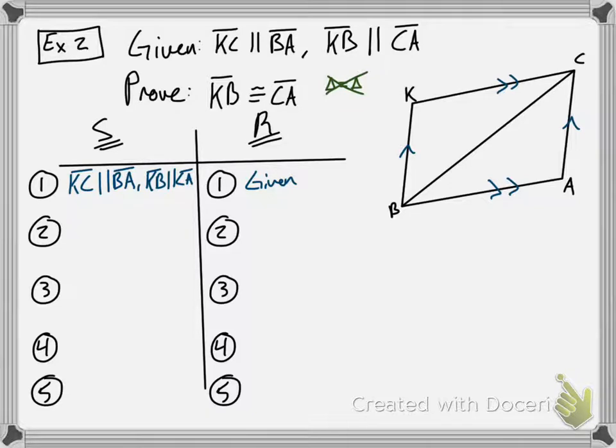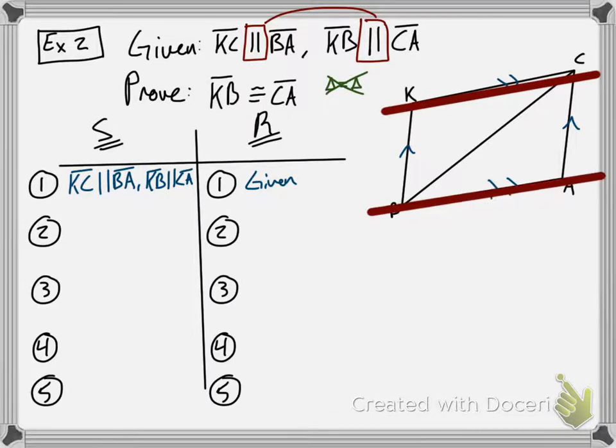All right, now we move into phase two, where we're using the given. We're going to be using our parallel here. So with parallel, we oftentimes use alternate interior or corresponding. And here with our parallel lines, we're going to end up using alternate interior.